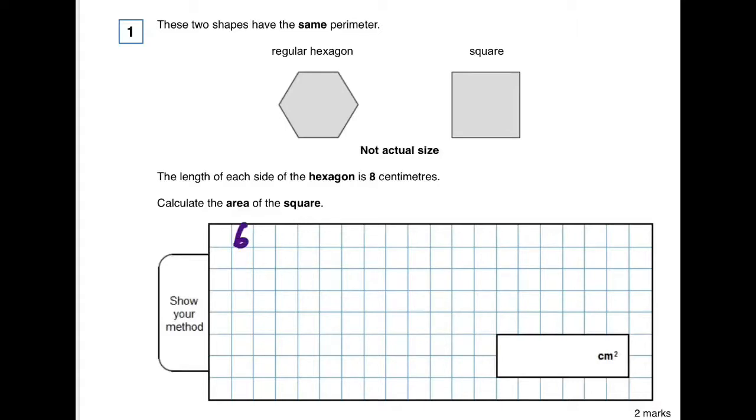So I already know that 6 times 8 is 48. Okay? Or you might need to say, right, well, I'm going to put an 8, 8, 8, 8, 8, 8. And I'm going to count in 8s to add them up. You might do it that way. So you might say 8, 16, 24, 32, 40, 48.